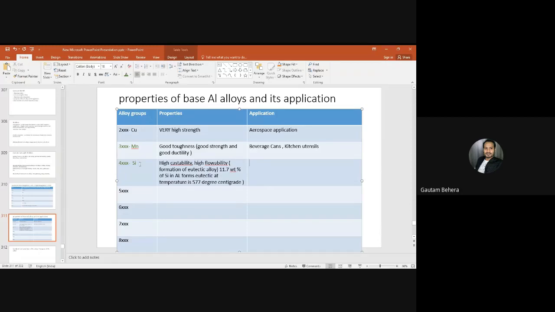One of the important applications of this is as a cast alloy. This can be easily cast into very complicated shapes. So automobile engine blocks, which are the main part of the engine, because engine blocks are very complicated shapes.